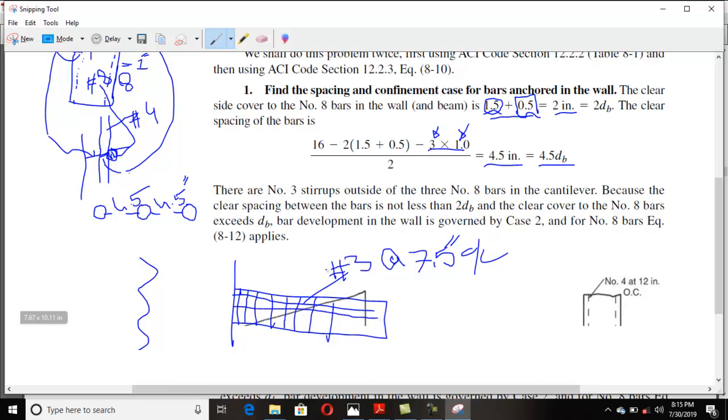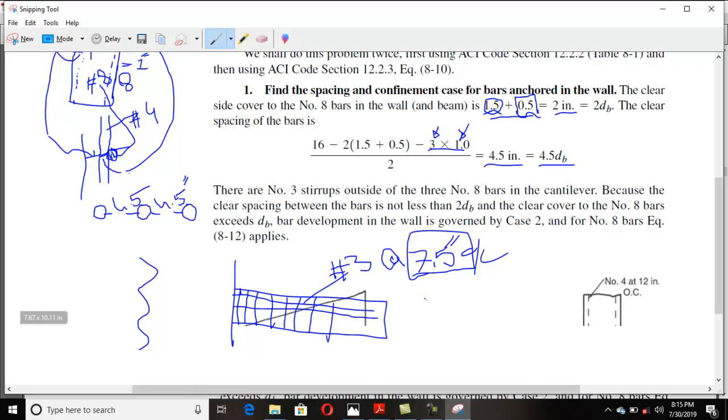Later you will check this 7.5 inch center to center distance of these stirrups, whether this spacing fulfills the ACI criteria which is given for shear design, okay.